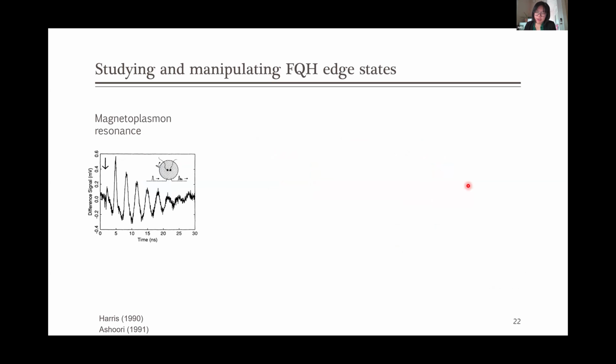Over the years, starting from the two-dimensional electron gas system, people have been studying and manipulating those edge states. One such example is the magnetoplasma resonance study, where you put on two leads and measure how the microwave goes through, and you see the plasmons going in rounds.